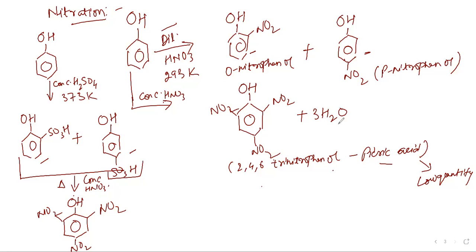So we adopt an indirect method where we first heat the phenol molecule with concentrated sulfuric acid at 373 Kelvin, and it gives us ortho and para phenol sulfonic acid, which on heating with concentrated nitric acid will give you 2,4,6-trinitrophenol, or picric acid. I hope this is clear.